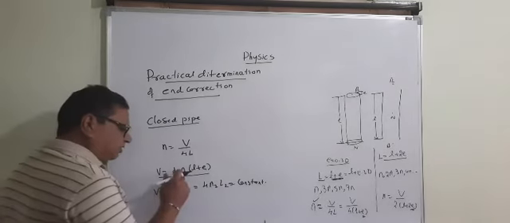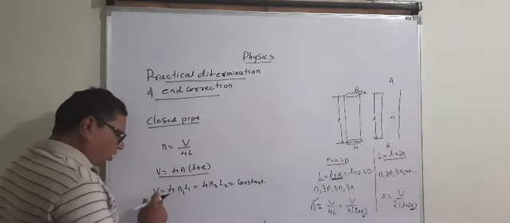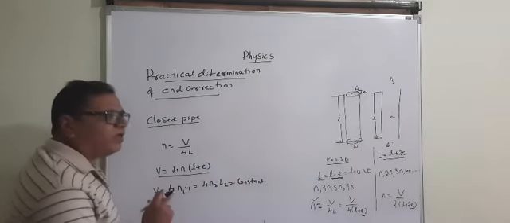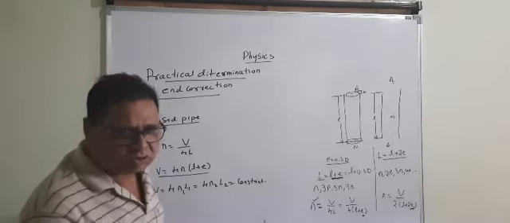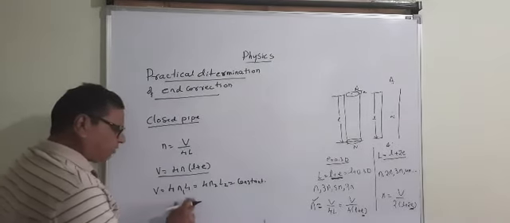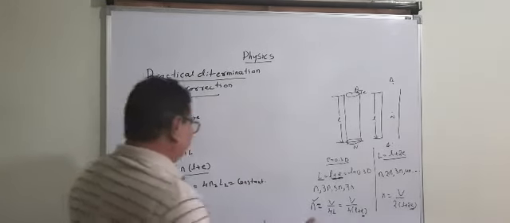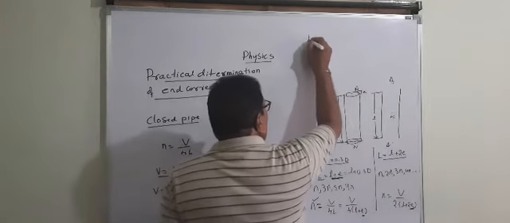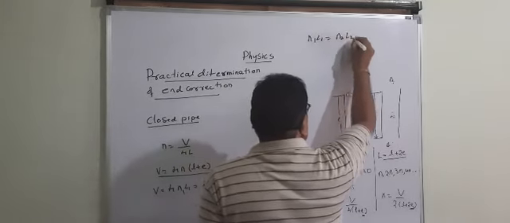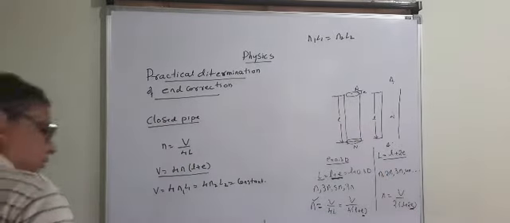If the frequency changes, the length of air column changes, while velocity of sound for a given medium remains constant. Therefore, we can write v is equal to 4nL, n1 L1 equal to n2 L2 equal to constant. By simplifying, we get n1 L1 is equal to n2 L2.